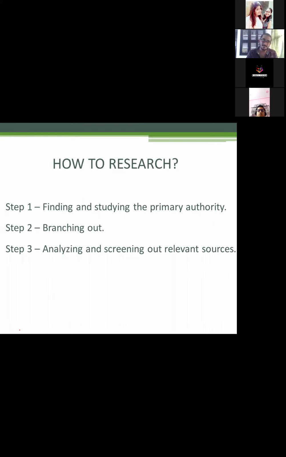And that is where step 3 comes in. You have to analyze and screen out the relevant sources, because once you start branching out, you may find yourself moving away from the topic and wandering off. That is quite natural, but you need to identify where to stop. Just like I said, if a case law is leading you to another case law, and that to another case law, that third case law may not always be relevant.